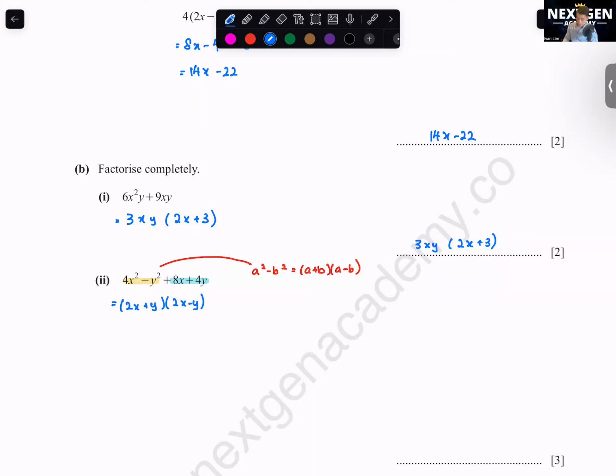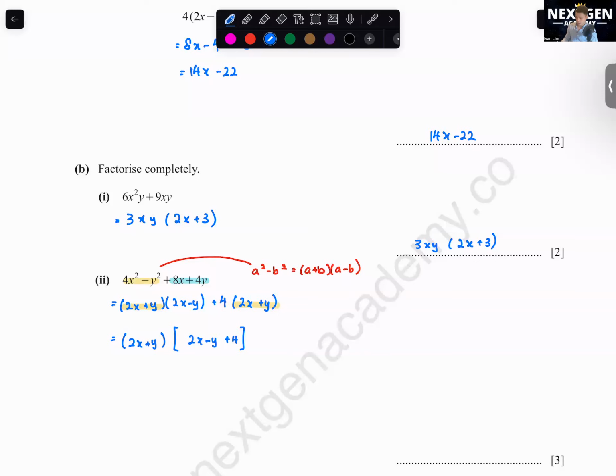Then look at this 8x plus 4y. What is common between both of them? 4, right? So 4, 2x plus y. Now what you're going to do, you see here, this and this are common between both of them. So you factorize out 2x plus y from both of them. 2x plus y, then whatever is left in the bracket, 2x minus y plus 4.